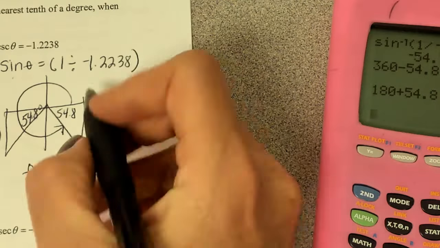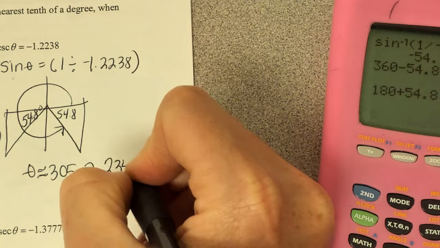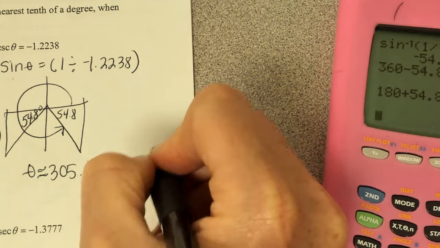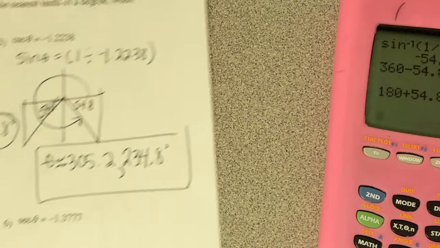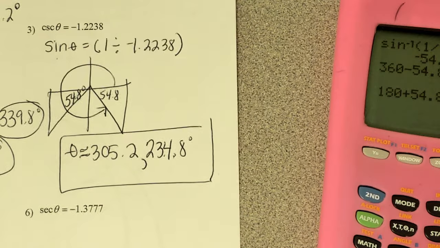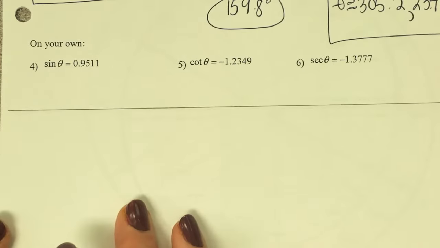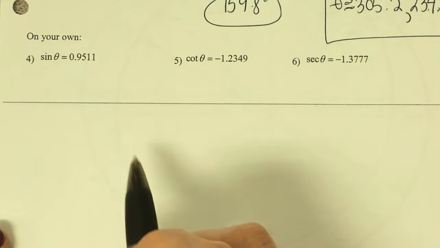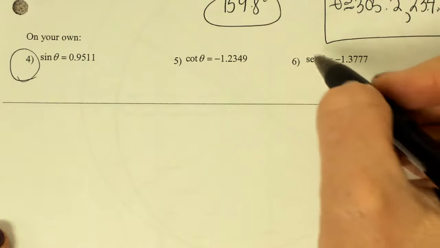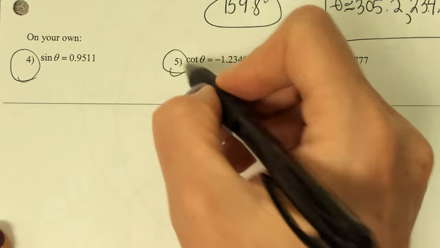So 234.8. So those will be our 2 answers. Questions? All right. So now I want you to do just 4 and, let's do 4 and 5 on your own.